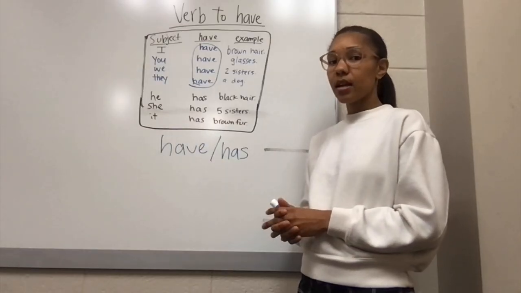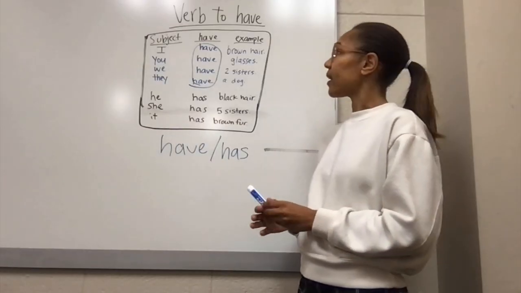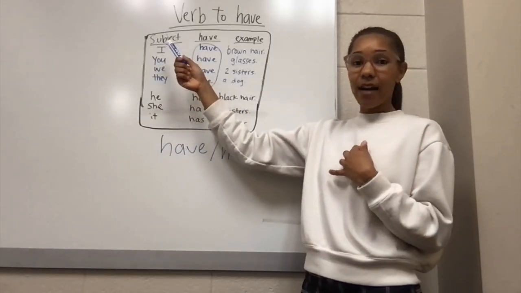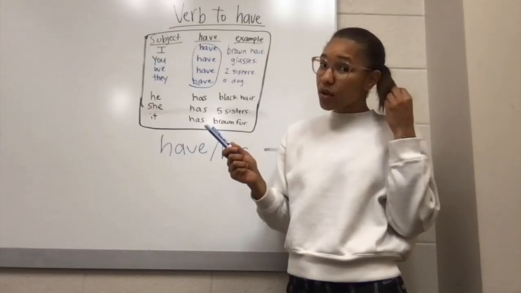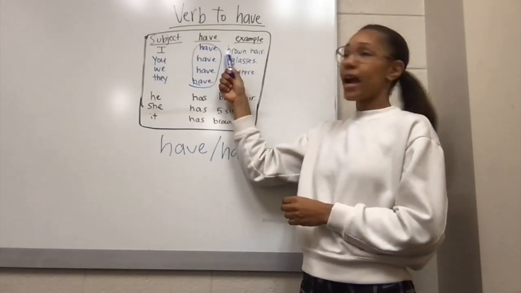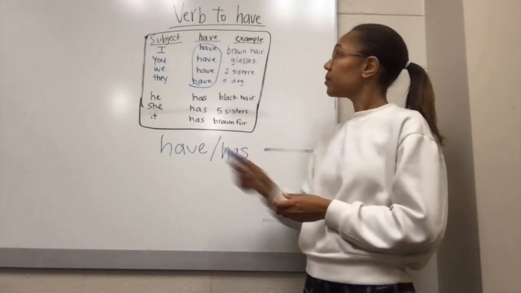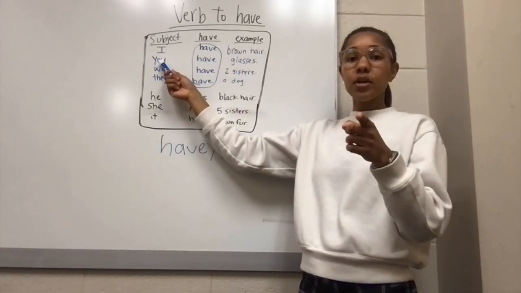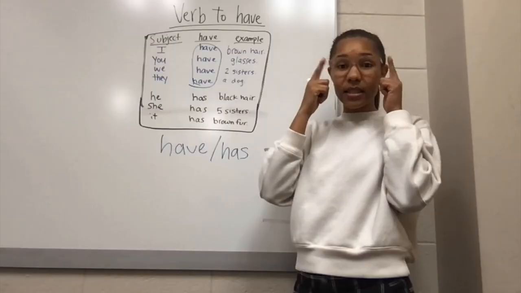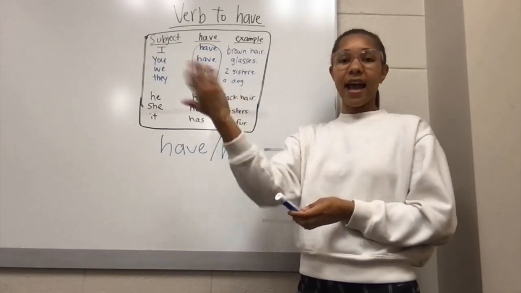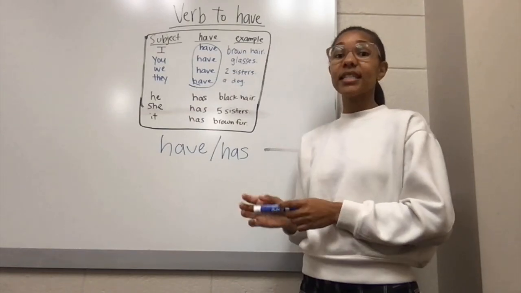So let's look at some example sentences that I've put on the board. I can say, I have brown hair. You have glasses. We have two sisters.